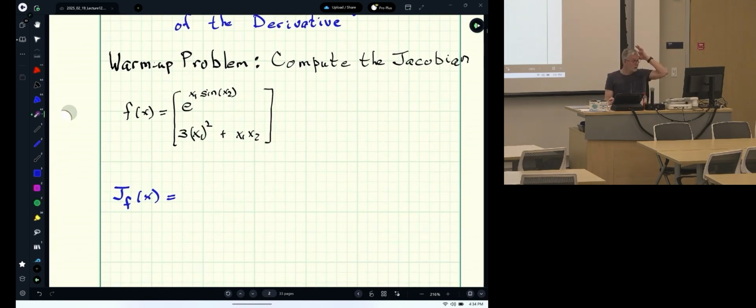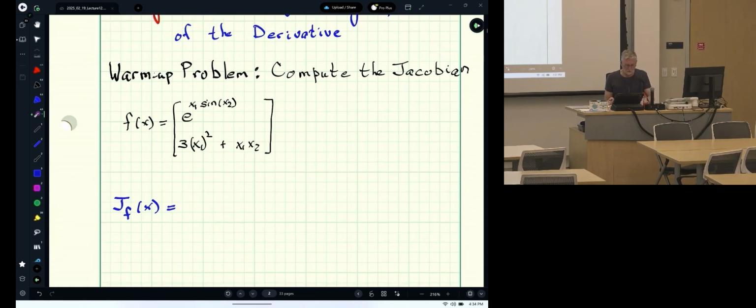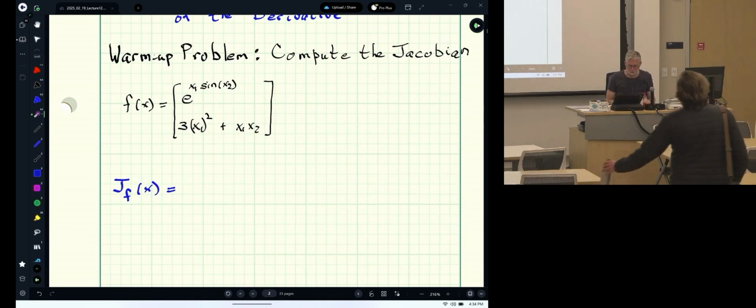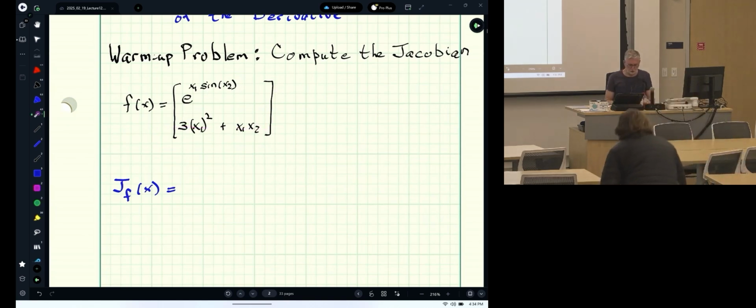As our warm-up problem, I would like us to compute the Jacobian of this function I have here. The function depends on two variables, x1 and x2, and the function has two rows. So the Jacobian matrix is going to be 2 by 2.